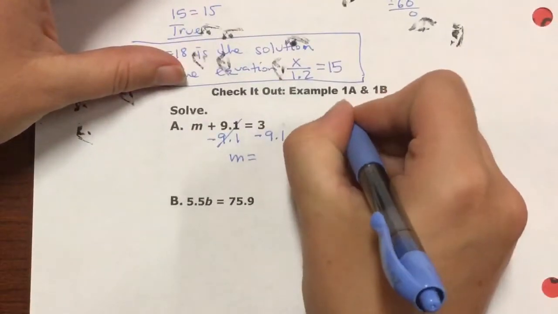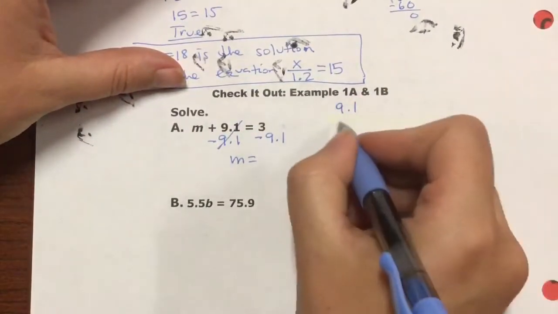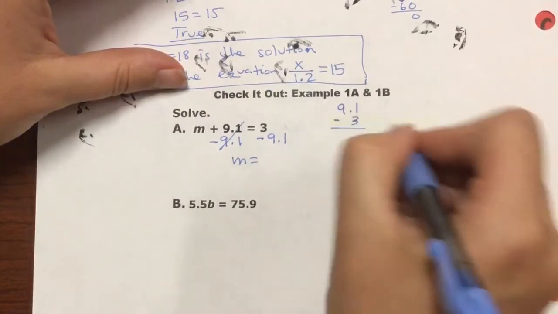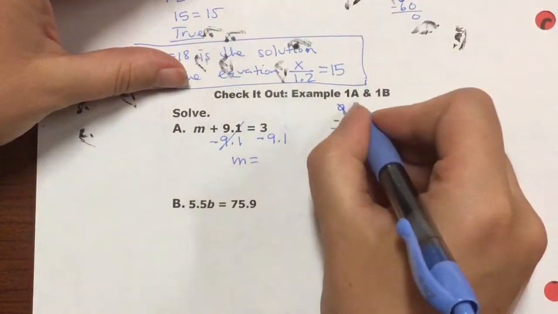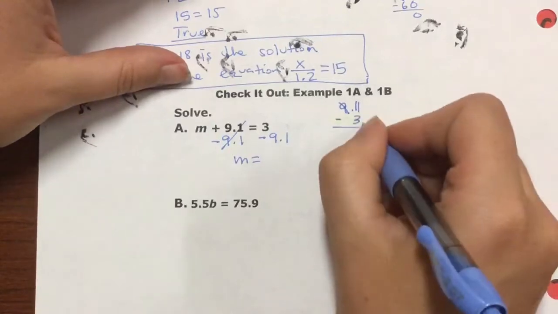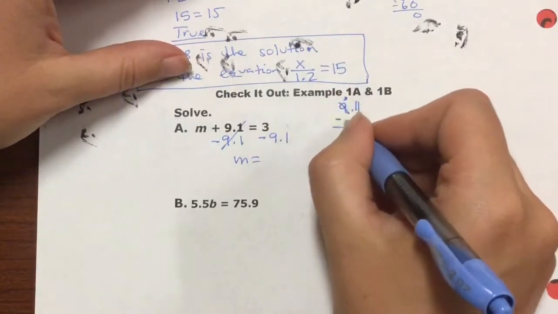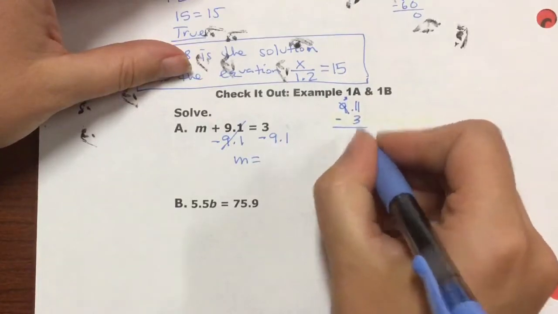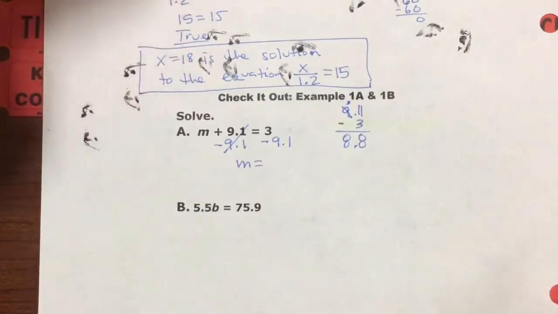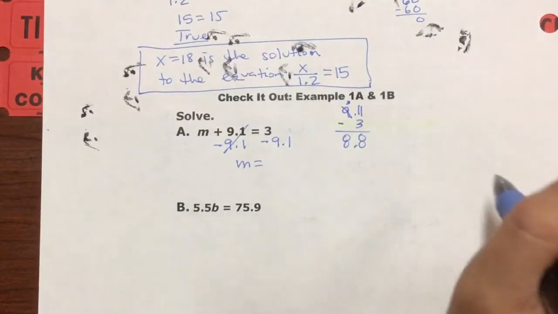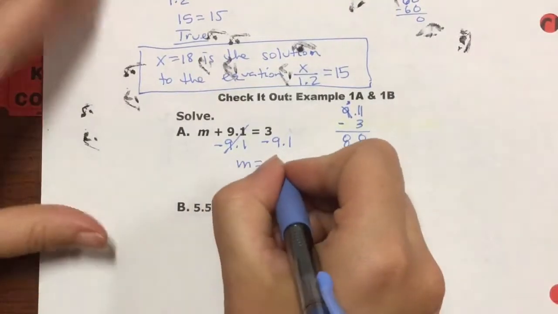Okay, so I'm just going to go 9.1 minus 3 on my little scratch paper here. Okay, I'm going to borrow because the 1 is not big enough. And this is an 8, and we have 11 minus 3, which is 8. So that's 8.8. All right, so the difference between 9.1 and 3 is 8.8.